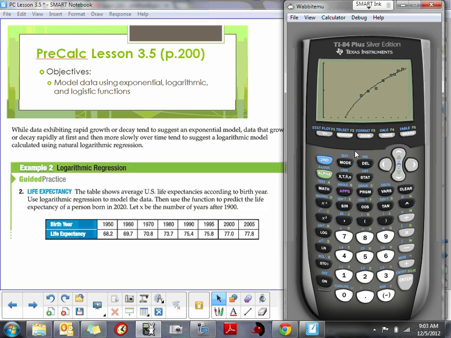So that's the first thing. And what we're going to have then is this equation that we can record. Our life expectancy based on years, and maybe I'll write it in function notation this time.